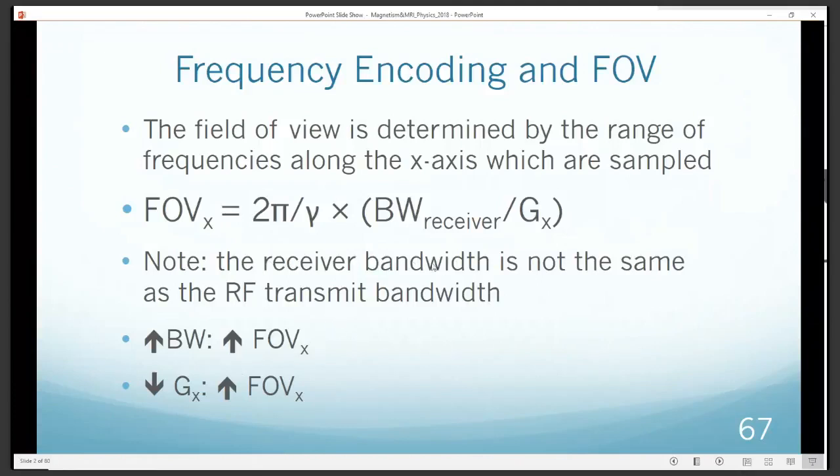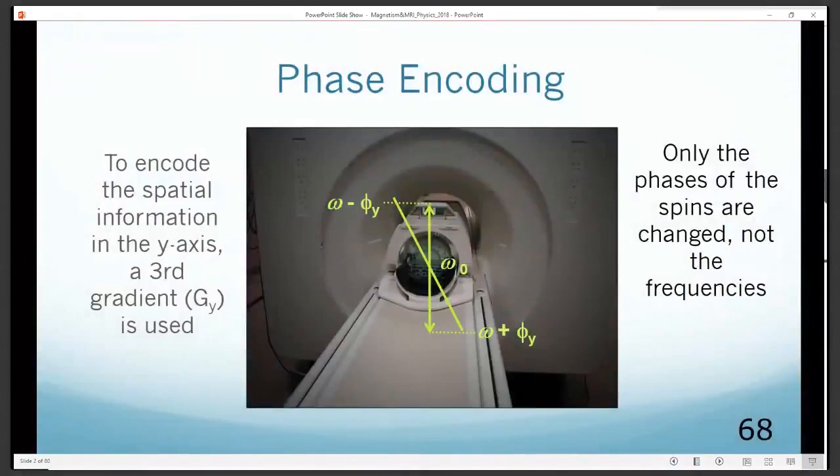So the field of view is going to be related, constant proportionality, gyromagnetic ratio, but the field of view is going to be proportional to the receiver bandwidth divided by the frequency encoding or readout gradient. So as the receiver bandwidth is increased, the field of view will increase, or as the strength of the frequency encoding gradient goes down, the field of view will increase.